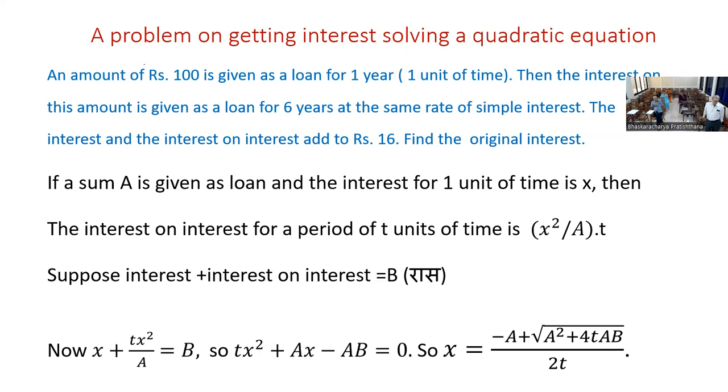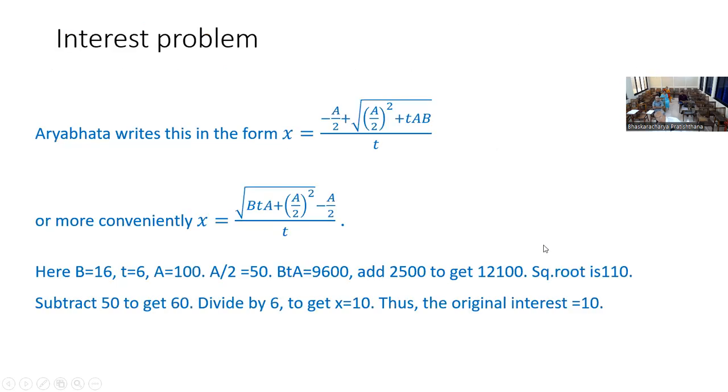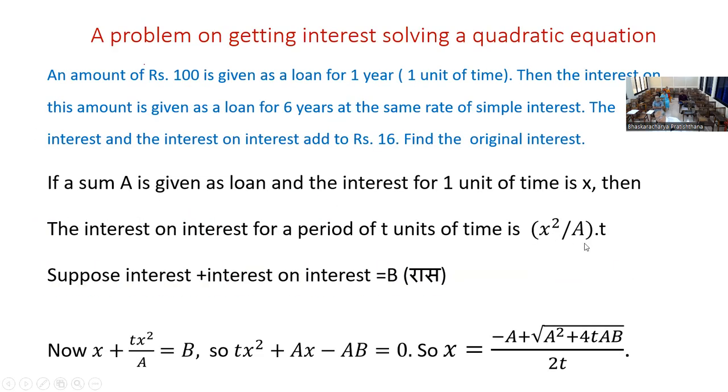So now, interest plus interest on interest: X plus X square upon A into T, since X is now the principal and X upon A is the rate of interest. Interest plus interest on interest is B, that is the amount. So this is X plus T X square upon A, and that is B.